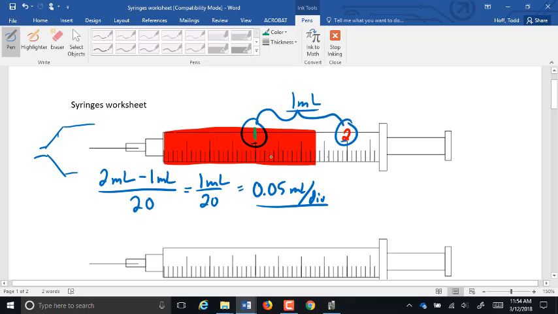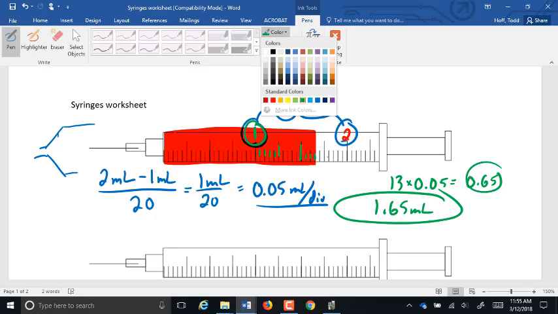Each of those being 0.05, we can count up 1, 2, 3, 4, 5. And again, I'm going to go 10, 11, 12, 13. That's 13 divisions past the 1. So we multiply it out. 13 times 0.05 is 0.65. So that's 1 plus 0.65 or 1.65 milliliters.